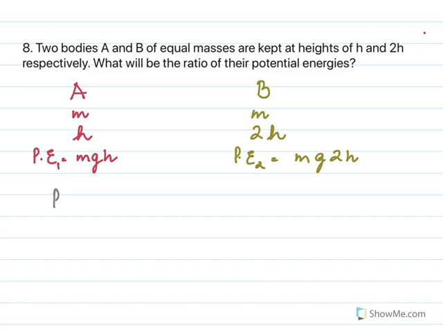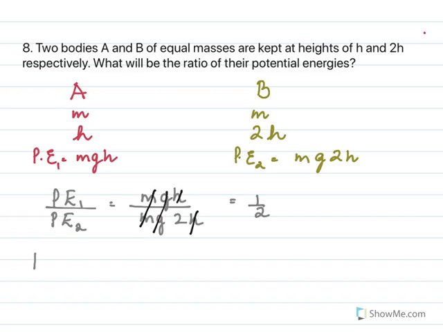So to find the ratio, we do potential energy 1 over potential energy 2, that is mgh over mg2h. So this cuts out, oh no, so I have to cut out the h here. So you have 1 by 2. So the ratio of their potential energy is 1:2.